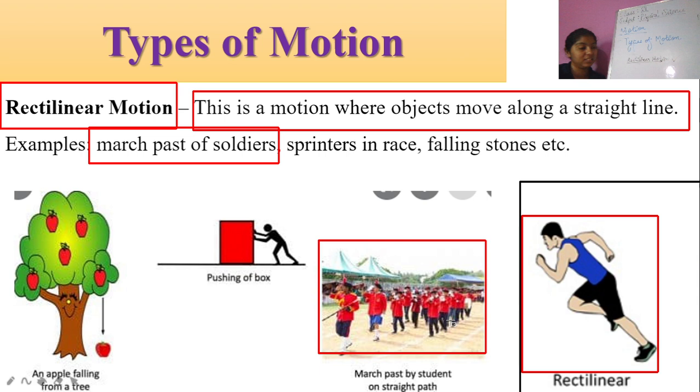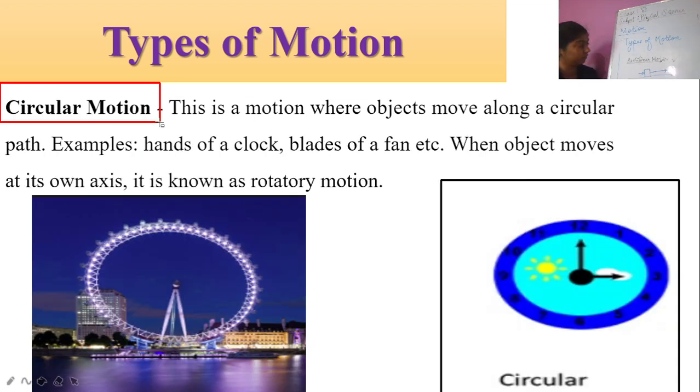Okay, let's see the second, which we were talking about with the clock, right? For the clock we have circular motion, because the clock is moving in a circle. So first we discussed rectilinear, and for circular, let me draw a circle.